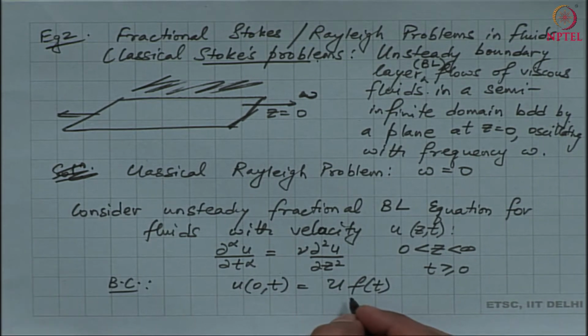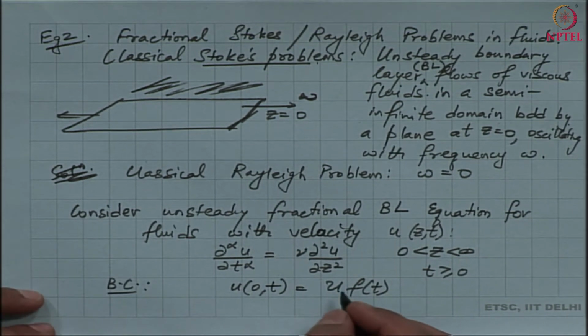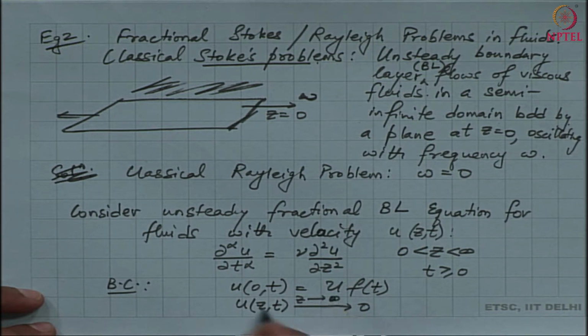So, the fluid has a no slip boundary condition, which means that the velocity of the fluid is equal to the velocity of the plate, and the second condition is u of z comma t is bounded, which means that the solution decays to 0 as we take the coordinate to infinity, the physical domain to infinity. This is for all t.